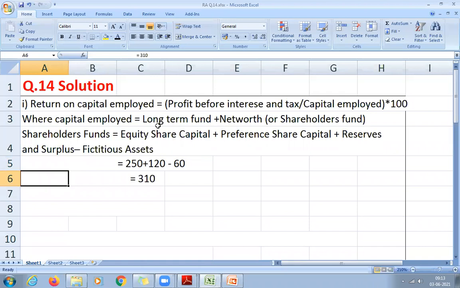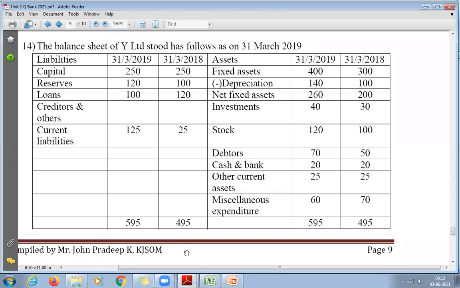Next, for this we need to add long-term fund. Any long-term fund he has given in the question? Long-term fund is nothing but long-term debt, like debentures, loans, anything he has given us. Loan, 100. Yes, we have loans here. So loan is actually long term. How do I know it is long term? Sometimes loans can be short term also.